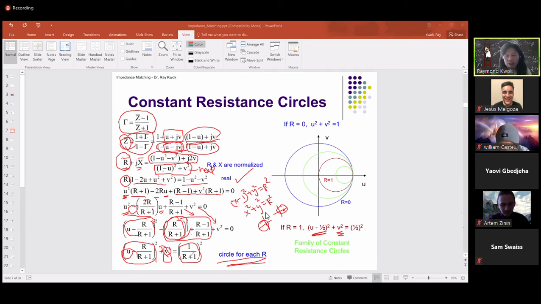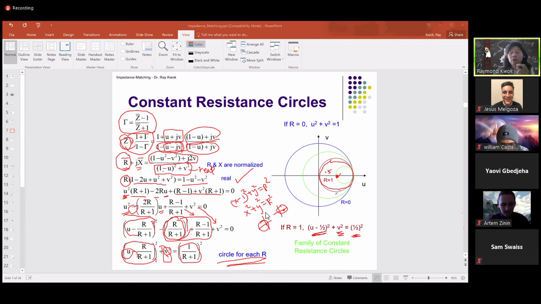So this is 1/2, right? So the circle is a circle with a center shifted half a unit to the right. So I have this circle here, where the center is half a unit over, right? So this is my R is equal to 1 circle.